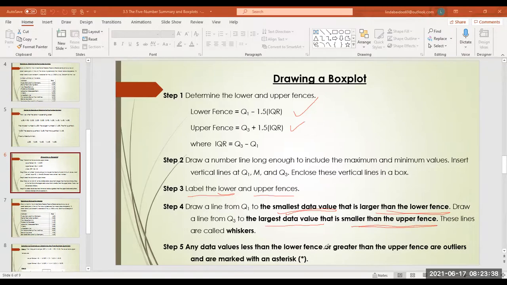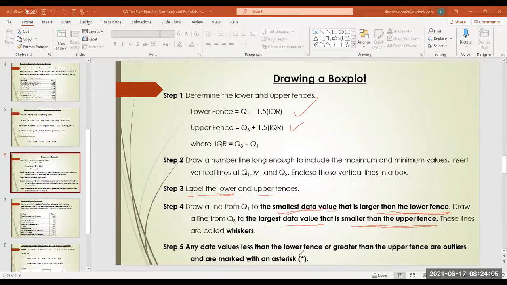These lines we are drawing, we call whiskers, just like a cat has whiskers. The same way a box plot has whiskers. So the line from Q1 to the smallest value larger than the lower fence is one whisker. The second whisker is the line from Q3 to the largest data value smaller than the upper fence.